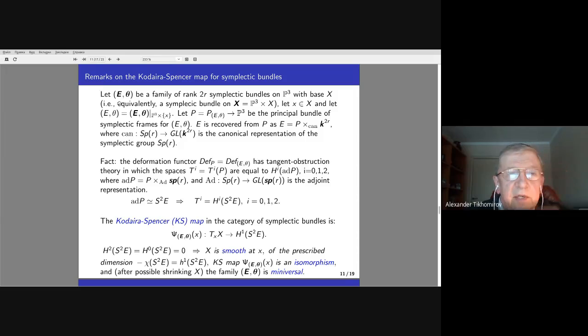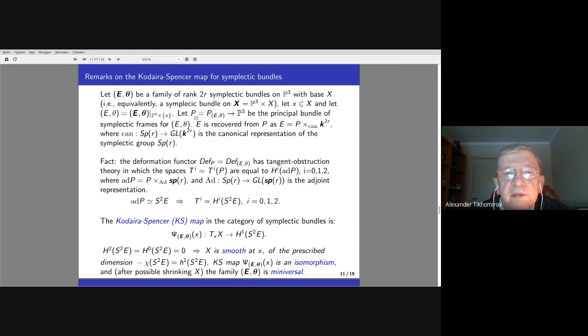So let bold E, theta be a family of rank 2r symplectic bundles on P3 with a certain base X. We may consider it as a symplectic vector bundle on bold X, which is P3 times X. Take any point small x in X and restrict this bundle bold E onto P3 times this point x.